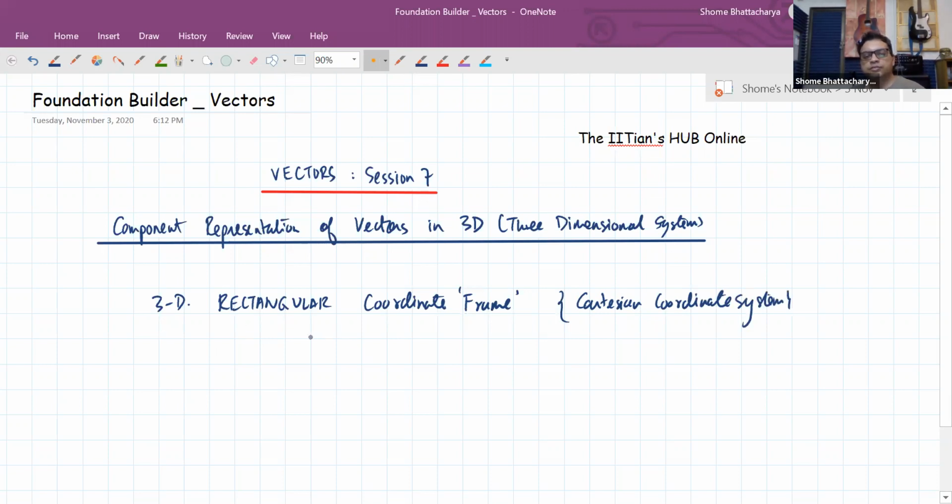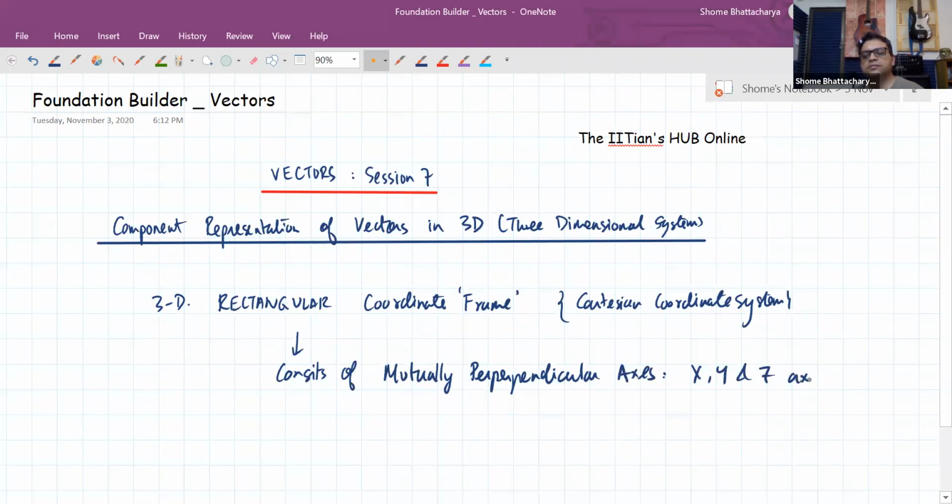So this consists of 3 mutually perpendicular axes. Okay. X, Y and Z axis.